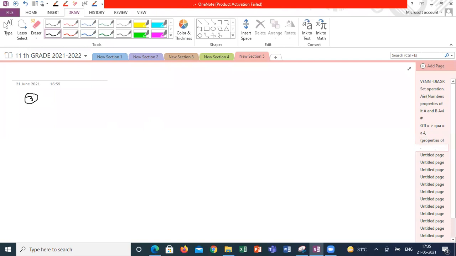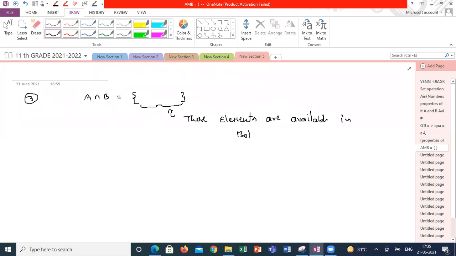From the previous examples, it will be very clear. Intersection means whatever elements you get, these elements are available in both A and B sets.